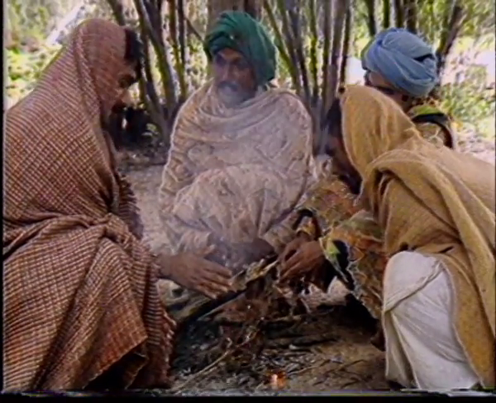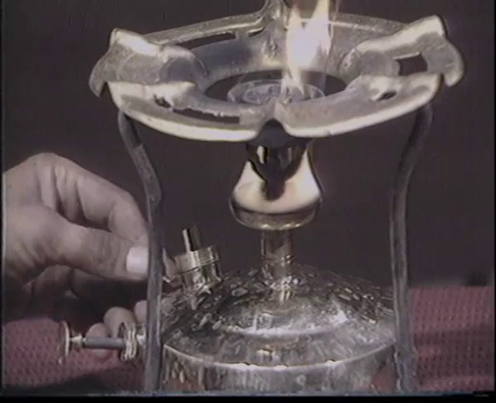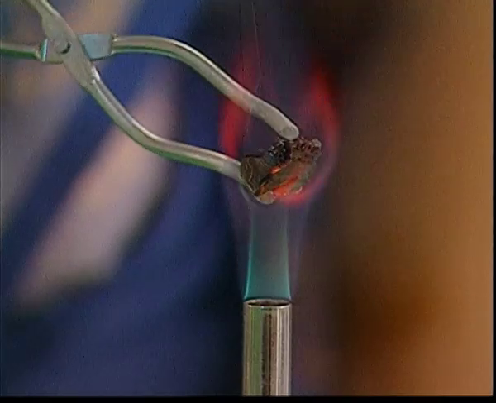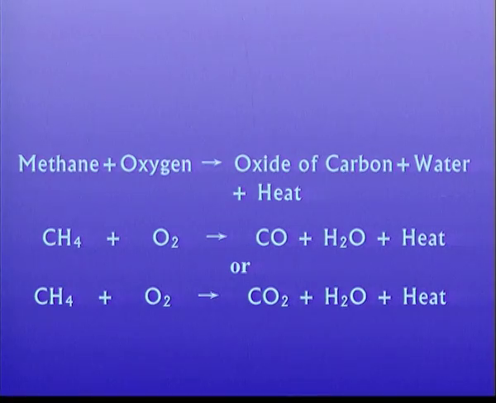Every single example of flame that we see here begins with carbon or a carbon compound. The carbon compound, such as methane, combines with oxygen in the air to produce an oxide of carbon, that is carbon monoxide or carbon dioxide, along with water.